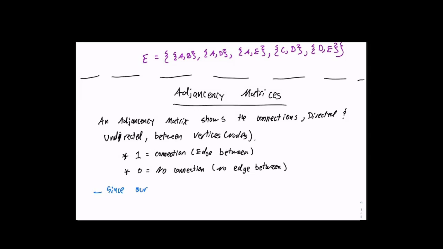Since our current graphs are undirected, we mirror the values across rows and columns.